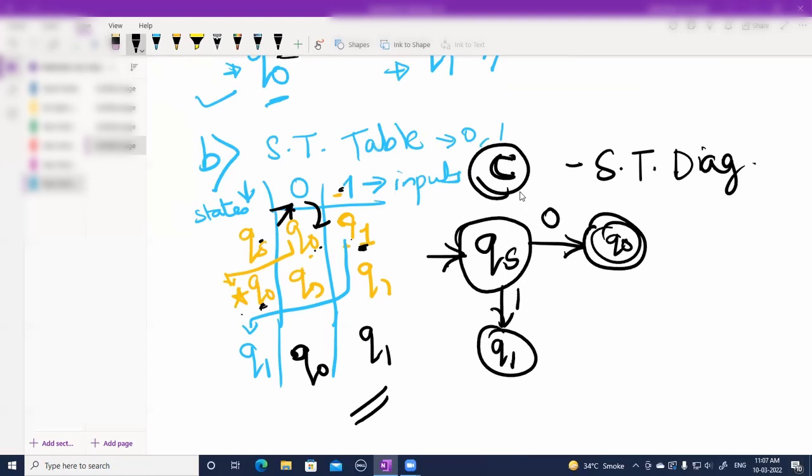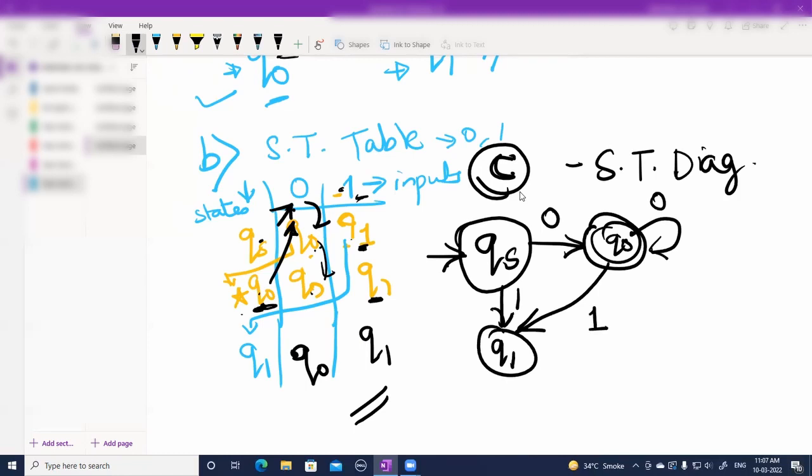Next we have to consider Q0. Q0 on 0, where is it going? Q0 on 0 goes to Q0. So we have to draw a loop because it's going to itself, and on the loop we write the input symbol 0. Then Q0 on 1 goes to Q1, so we connect Q0 and Q1 with the input 1.